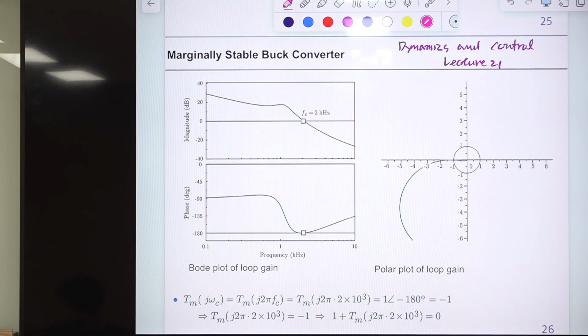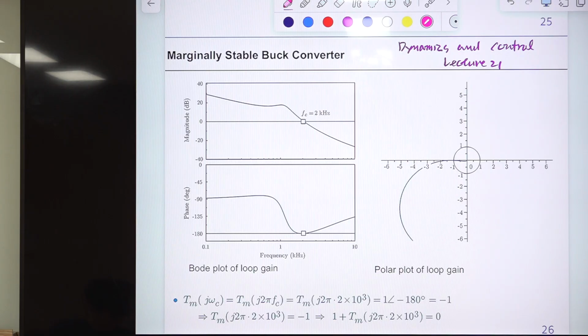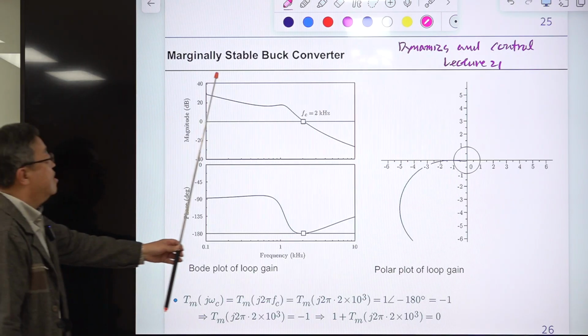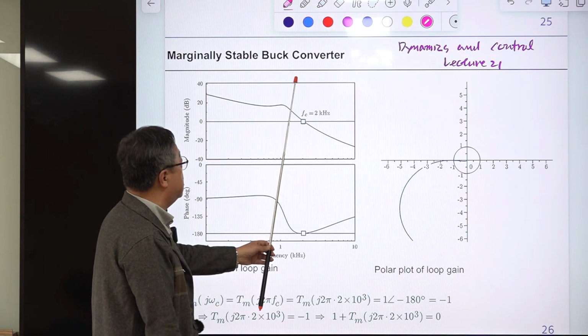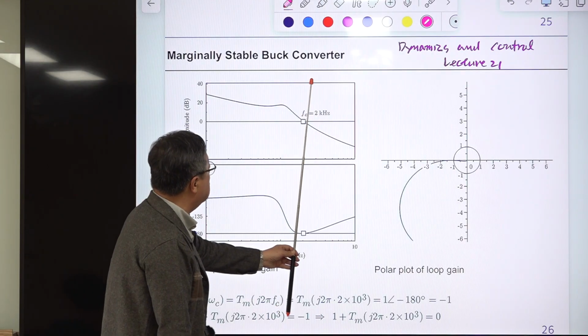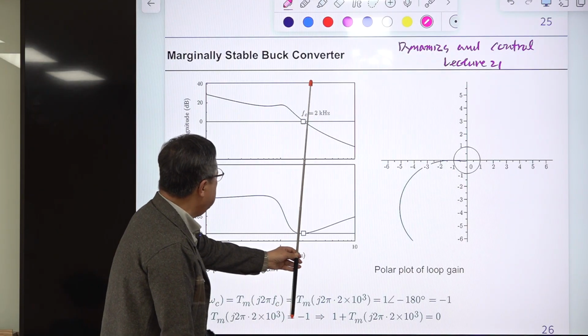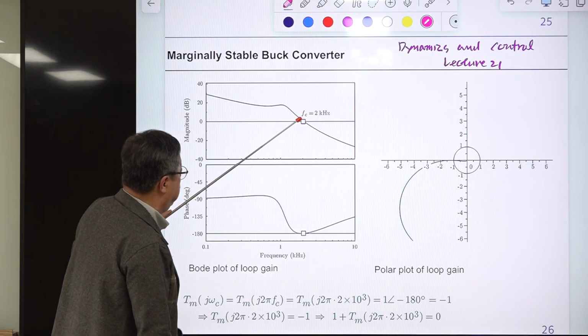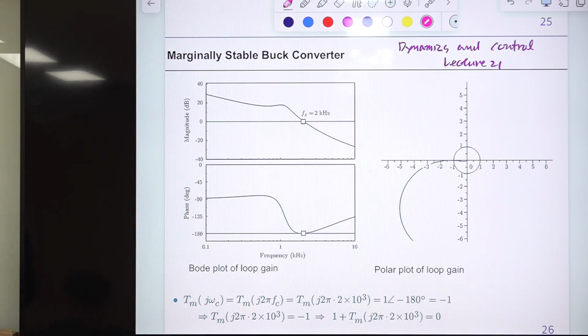Marginally stable buck converter. Marginally stable means this is the boundary between stability and instability at this frequency. At the 0 dB crossover frequency, where the magnitude of the loop gain is just 1, the phase becomes minus 180 degrees.